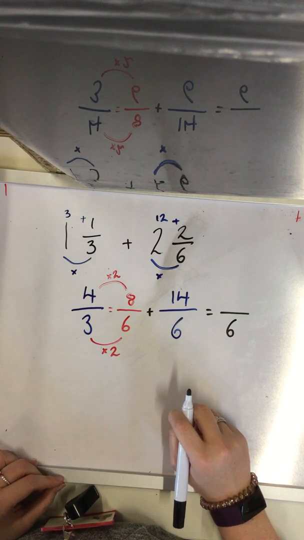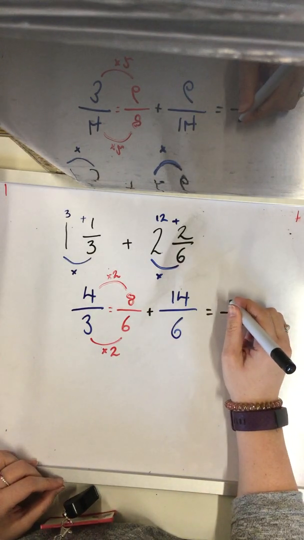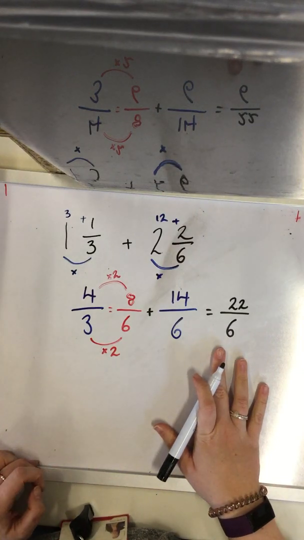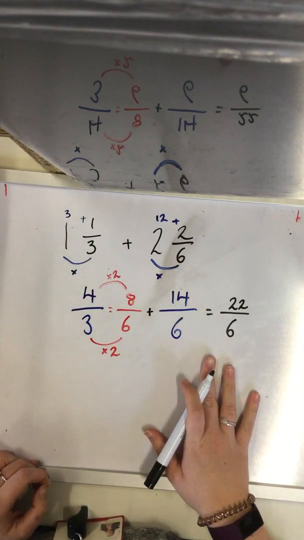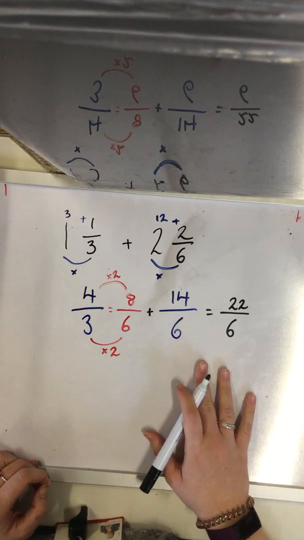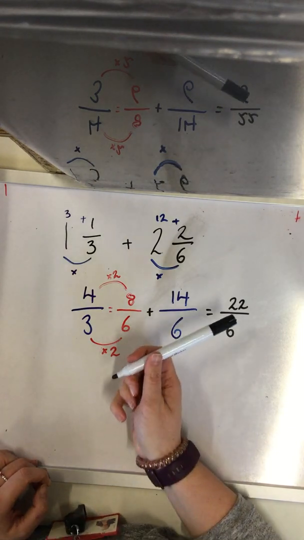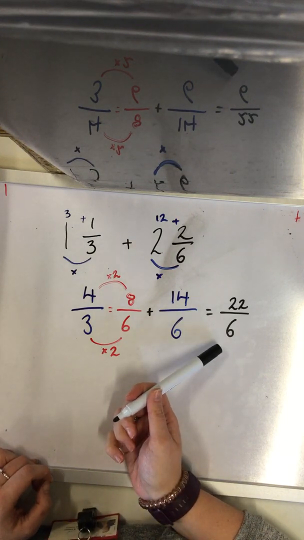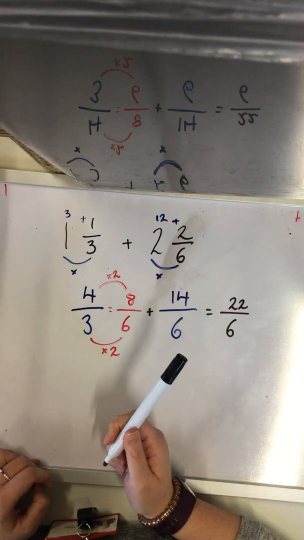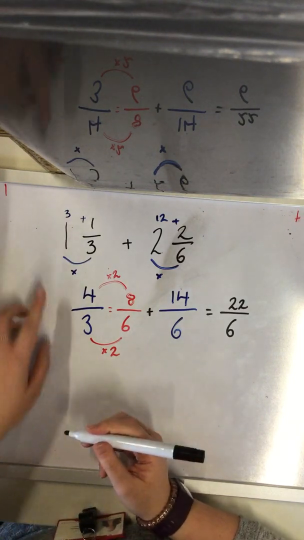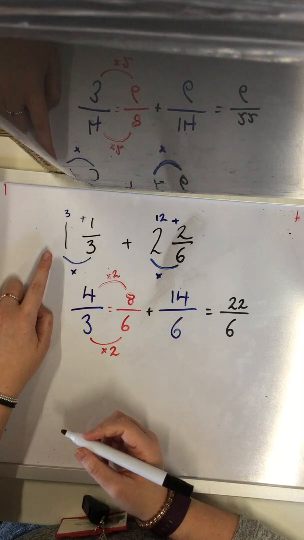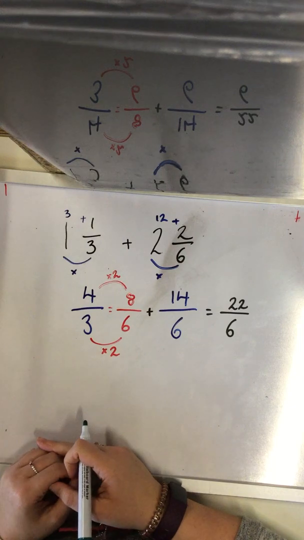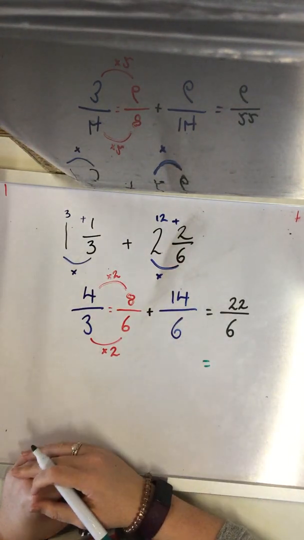So that's going to give us 22, like so. Now, just like last week, we cannot leave this fraction in improper form. See if you can remember why. Because if the question has got mixed numbers in it, the answer must also have a mixed number in it. So we can do this.